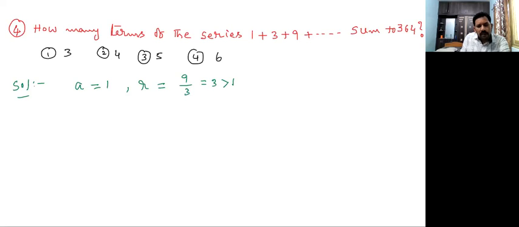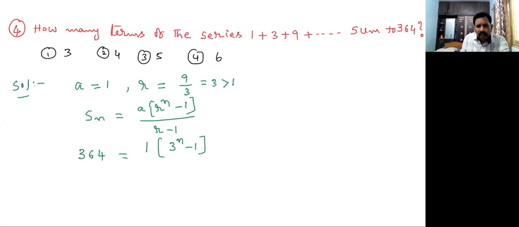Now, the sum of n terms formula you already know very well. A into r power n minus 1 divided by r minus 1. This is the formula. The sum is already given, 364, and we know that a value is 1 into what is r? 3. 3 power n minus 1 divided by 3 minus 1.